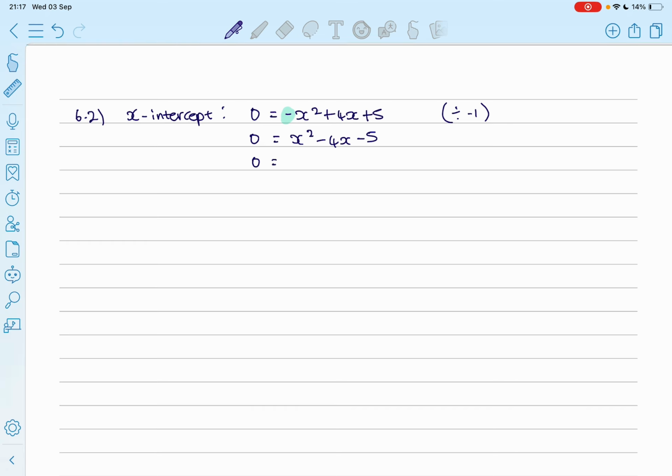So here we're going to have 0, x, and for us to get a -5 here, we need a 1 and a 5. And then 5 should be negative and 1 should be positive, so that we end up with this -4 as our middle term. Okay, so this means that x is either equal to -1 or it will be equal to +5.